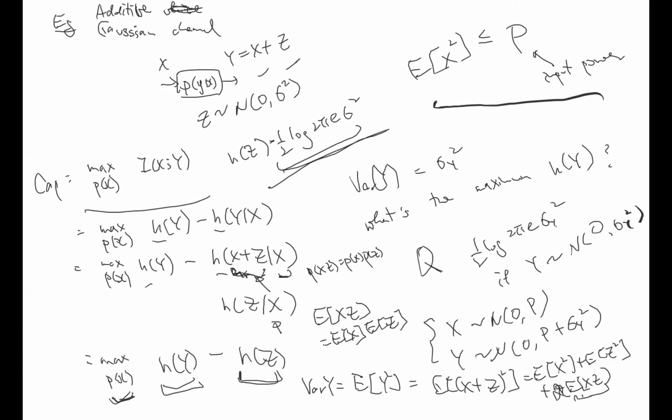But if it's independent, it implies this, so this equals expectation X times expectation Z. They have zero mean, so this term will be gone. So this will be just variance of X plus variance of Z. In general, if you have two independent random variables, the variance of the sum will be equal to the sum of the variances.